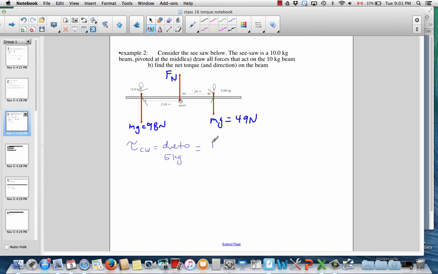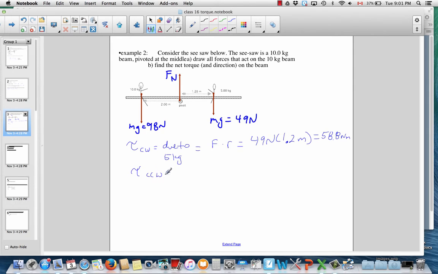Now we remember a torque is a force times a distance. The force is the gravitational force, 49 newtons, and the distance is 1.2 meters to the pivot point. And so that is 58.8 Newton meters of clockwise torque.